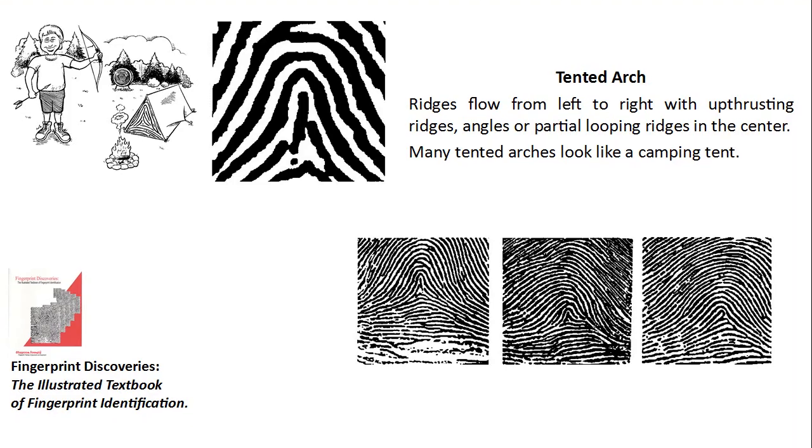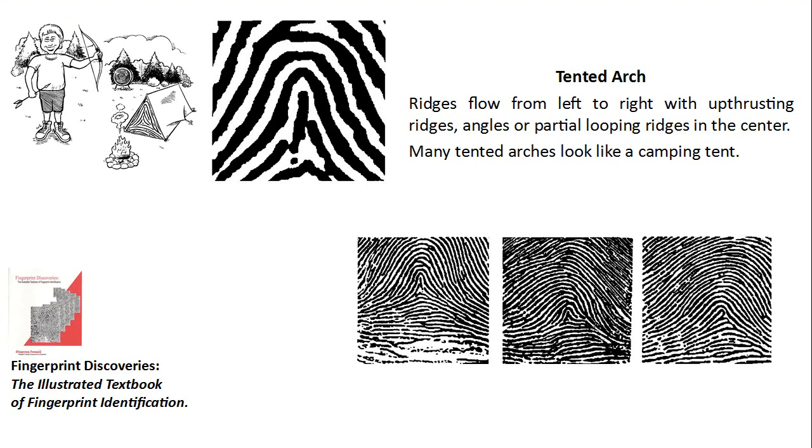I've got a few things going on here in this exhibit. The first thing is my definition of tented arch, which is ridges flow from left to right with upthrusting ridges, angles, or partial looping ridges in the center. Many tented arches look like a camping tent.